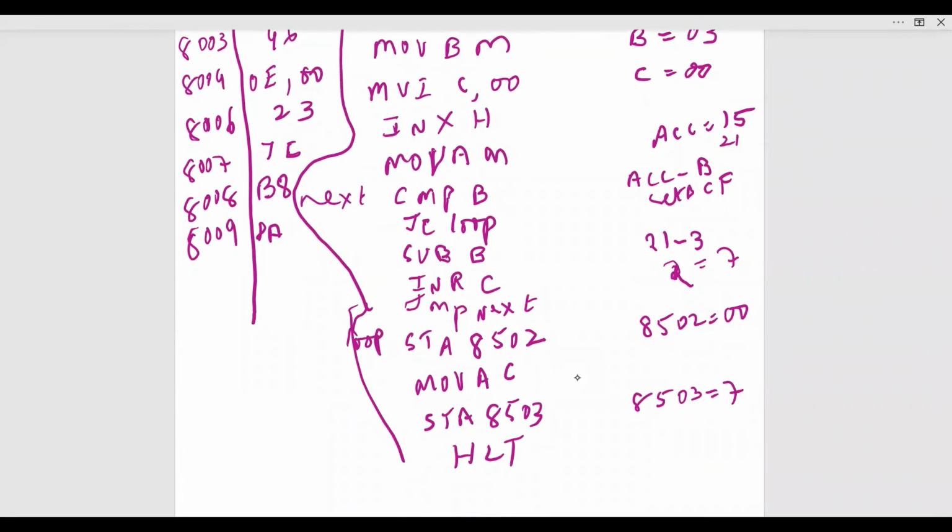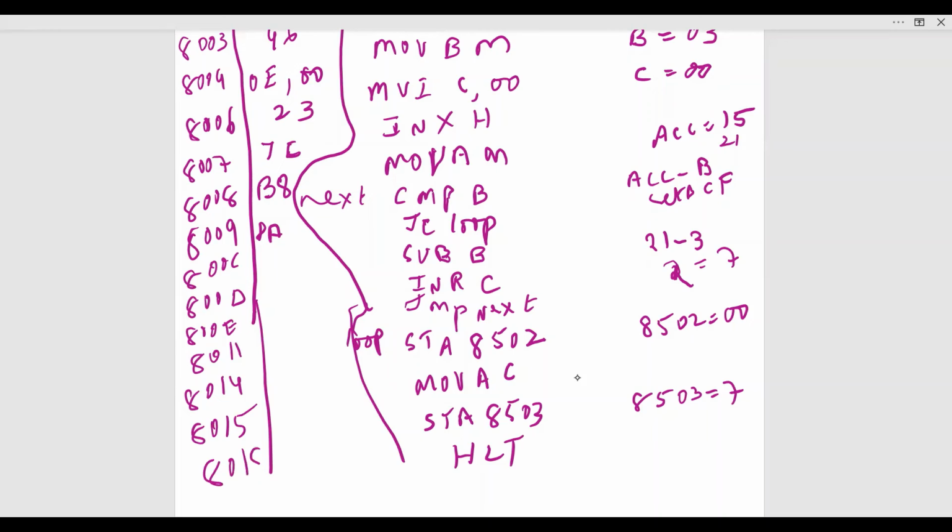It is 3-byte, 9, A, B. Next is C. This one is D. Next is 3-byte, E, F, 10. This will be 11, 12, 13, 14, 15, 16, 17, and 18. Now the loop is to here, that is 11. So it is 11, 80.